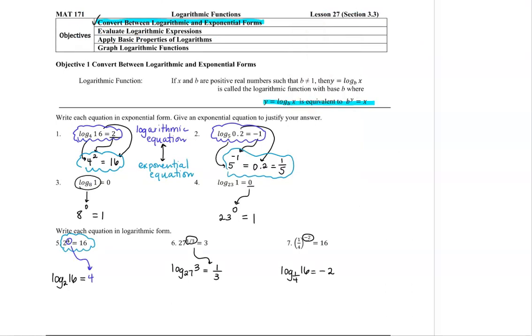We have started with logarithmic equations and switched them to exponential equations. And similarly, we have also started with exponential equations and then switched those to a logarithmic equation. So we're able to switch back and forth because we know that these two equations are equivalent to each other. They're just saying the same thing in different ways.